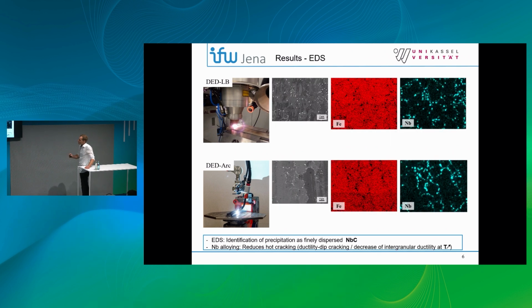And therefore, we performed EDS measurements, and these allow for the analysis of these precipitates, and they can be identified as niobium carbides. So niobium, as I mentioned, about roughly 2% was added in the filler wire, and this is usually done to reduce the hot cracking susceptibility of these materials.